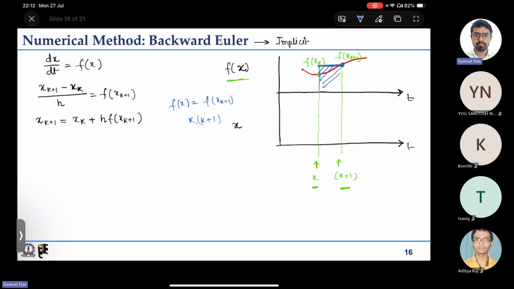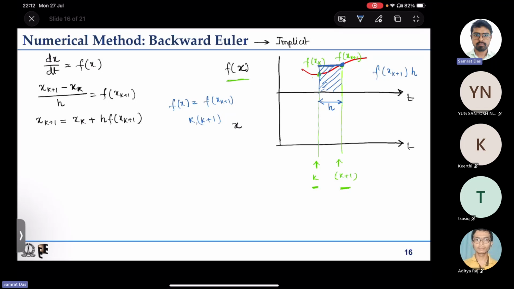This blue hatched area is the integration value, and this duration is h. So the area is f of xk plus 1 into h.